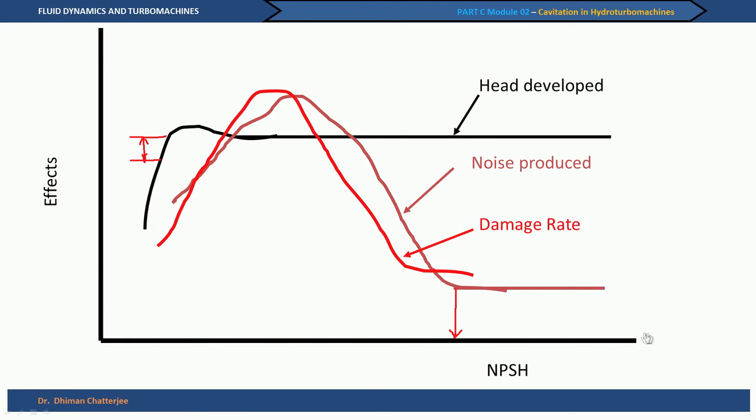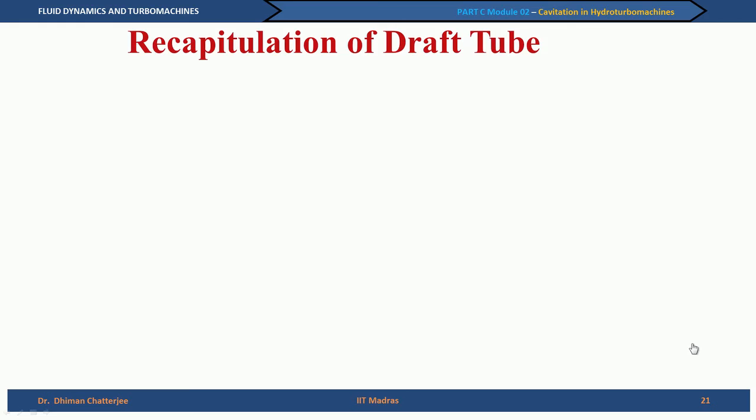Now, we will talk about cavitation in turbines, particularly reaction turbines. But before we go into cavitation in reaction turbines, let me recapitulate what we have studied in the draft tube. I will not go into the details, but I will just talk about the last simple type of draft tube that we have talked about, the conical draft tube.